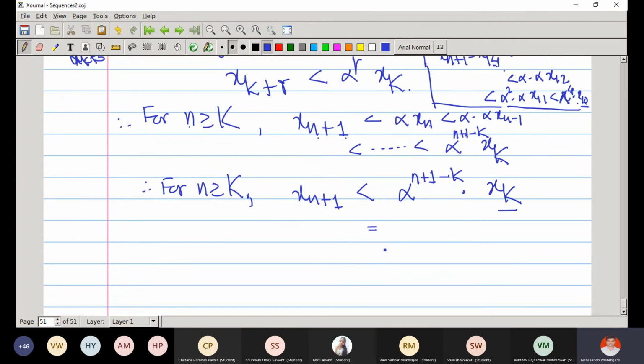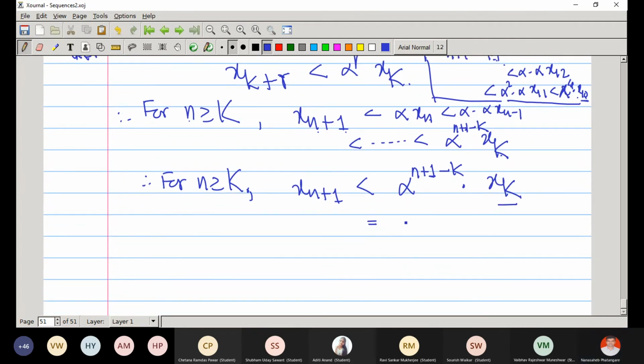Or I can simplify it further as alpha raised to n into alpha raised to minus k plus 1, no problem, into xk, which I can further write as some beta into alpha raised to n plus 1.